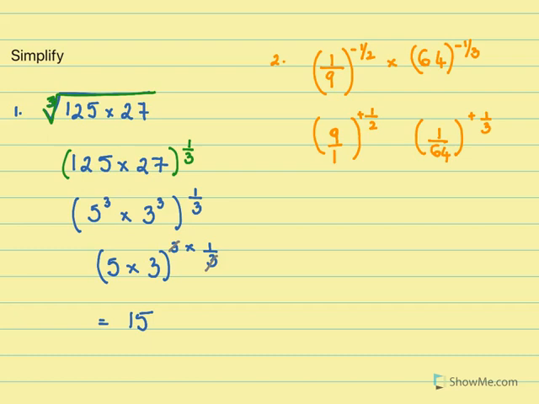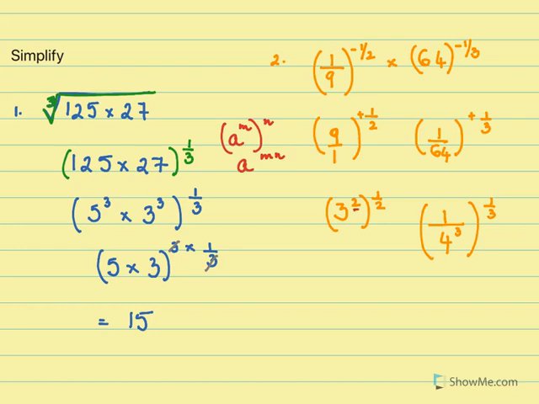For 9 I'll put 3 raised to 2 because 9 is 3 raised to 2. Whole thing raised to 1 by 2. For 64 I'll put 4 raised to 3 is 64. And the whole thing raised to 1 by 3. Now it's time for me to use the law: m raised to m raised to n is m raised to m into n.